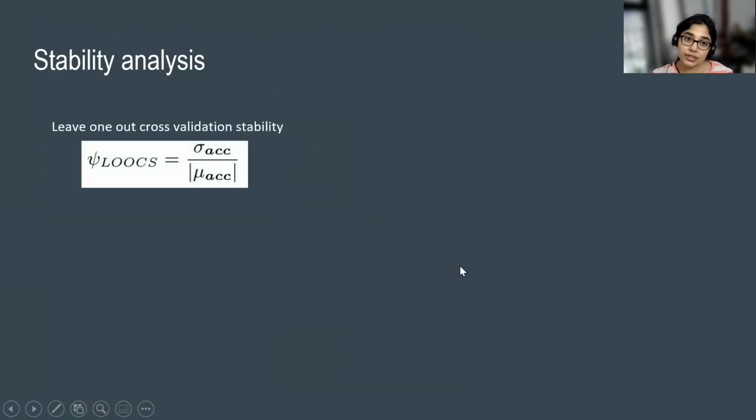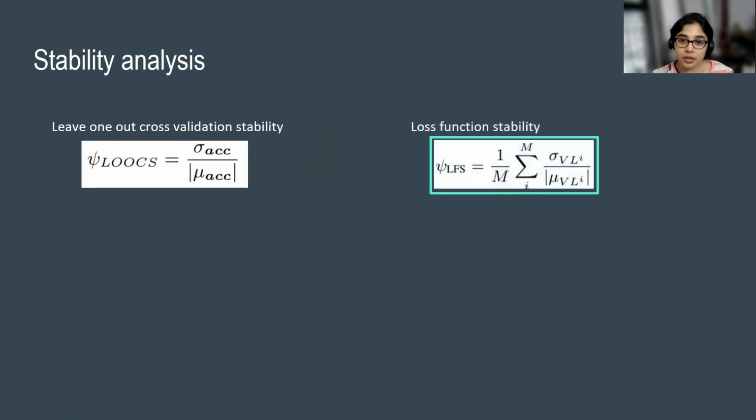Now I'll move on to the stability analysis. We are all aware of leave-one-out cross-validation stability, but here we propose 2 new stability metrics. The first one is loss function stability. In this case, we consider the variation of the loss function value of the validation set and divide it by the mean of the loss function value of the validation set.